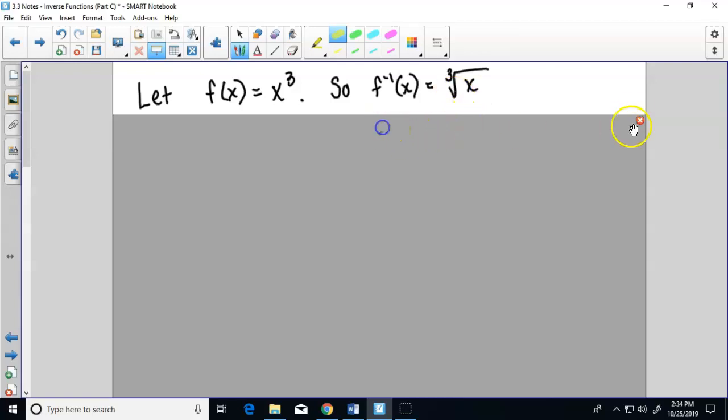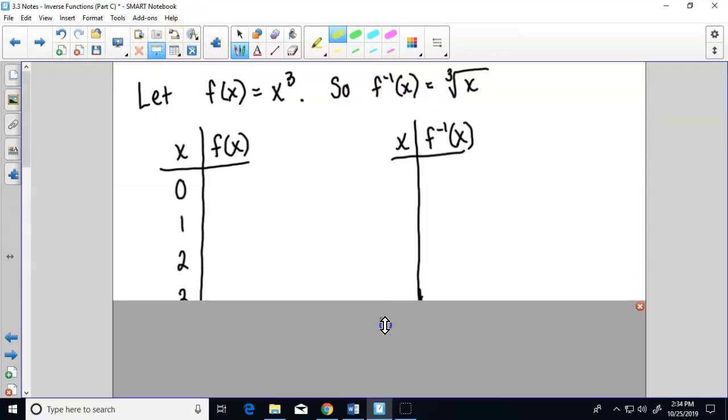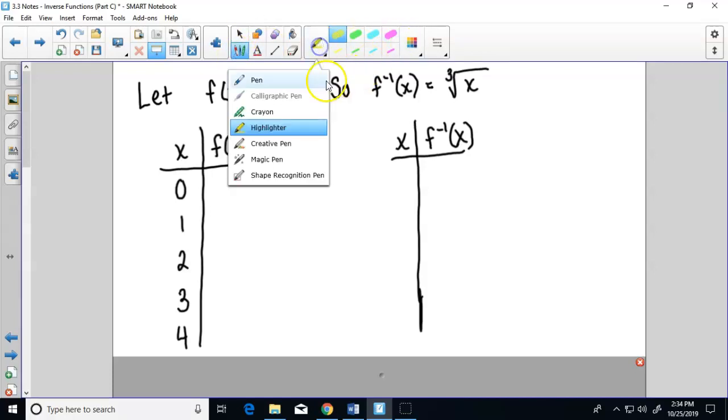So what I want us to do here is start off just making a table for these. For x and f of x, if I just take 0, 1, 2, 3, 4, we're going to make a table for this. And we talked about this a little bit yesterday.